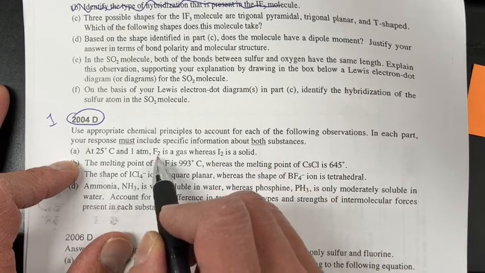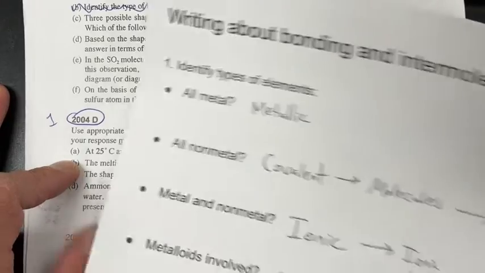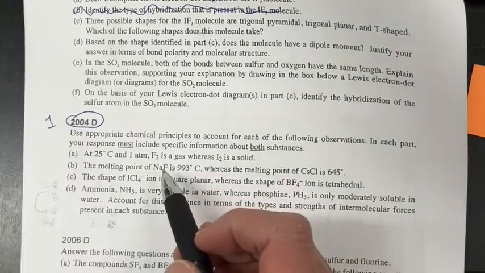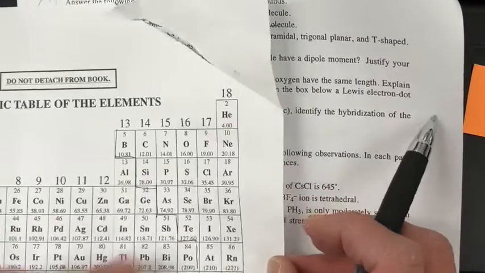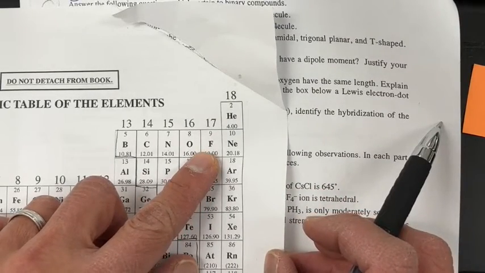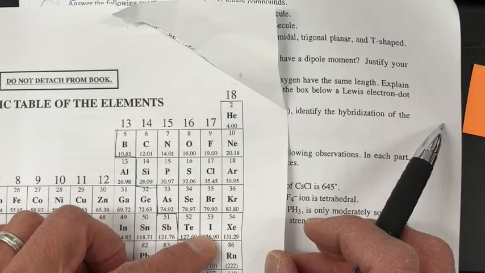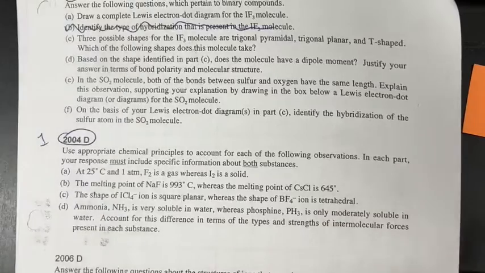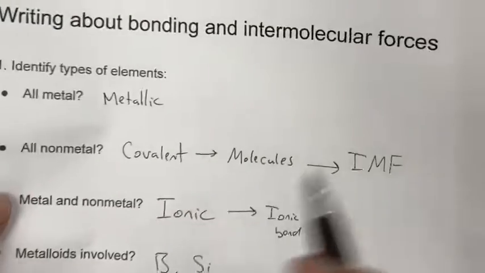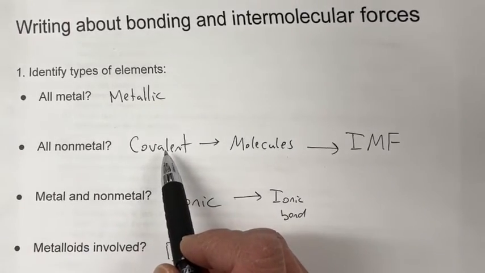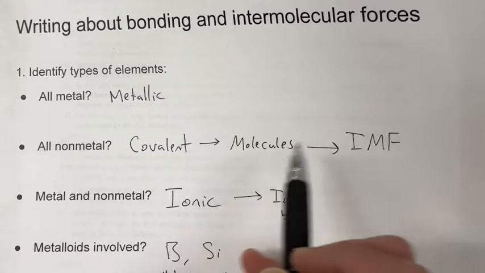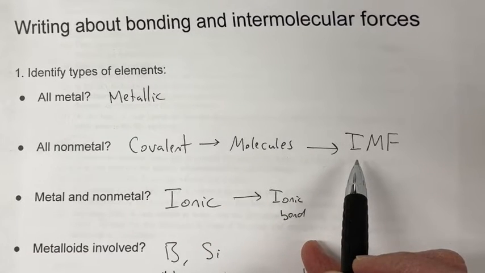For F2, I ask, what kind of elements are involved here? F is on the periodic table right here, so that's a non-metal. I2, also a non-metal. If I have all non-metals, that tells me I have a covalent substance.